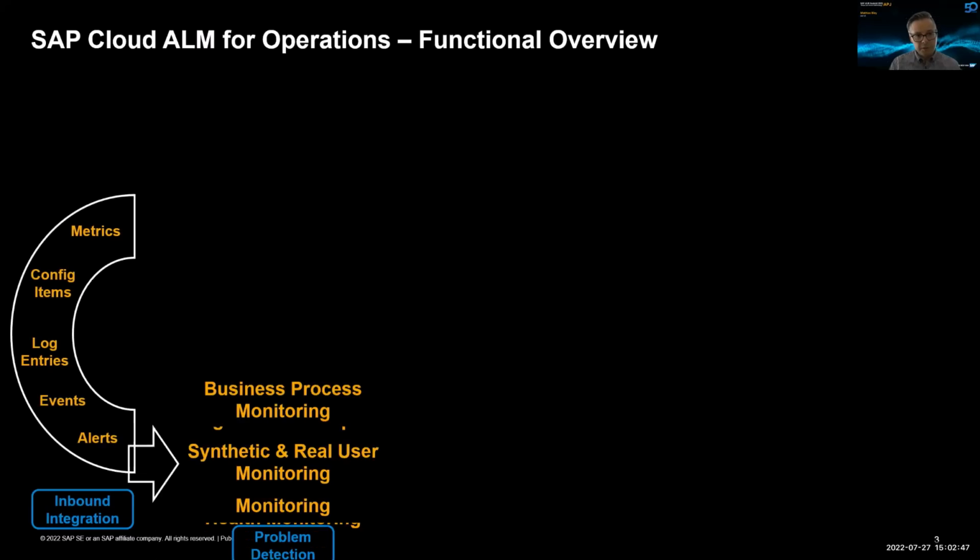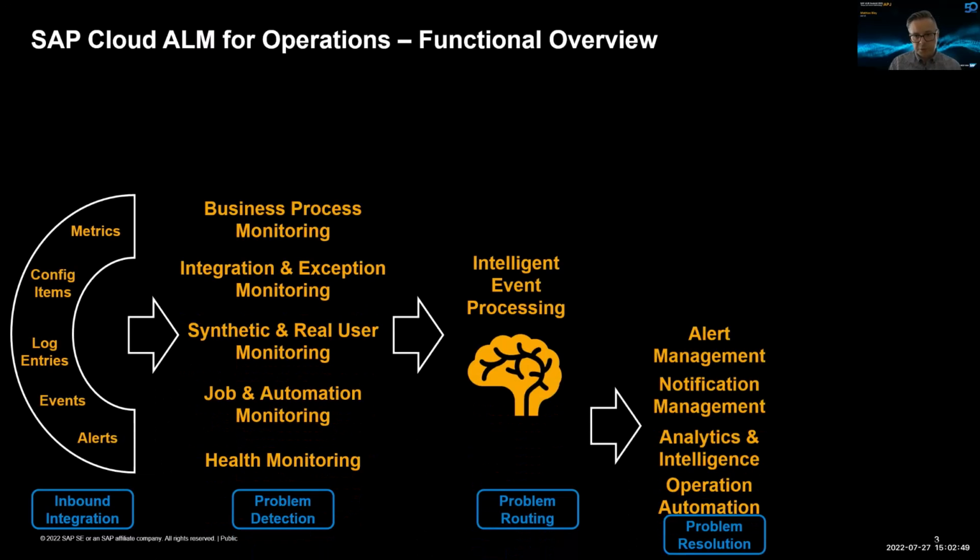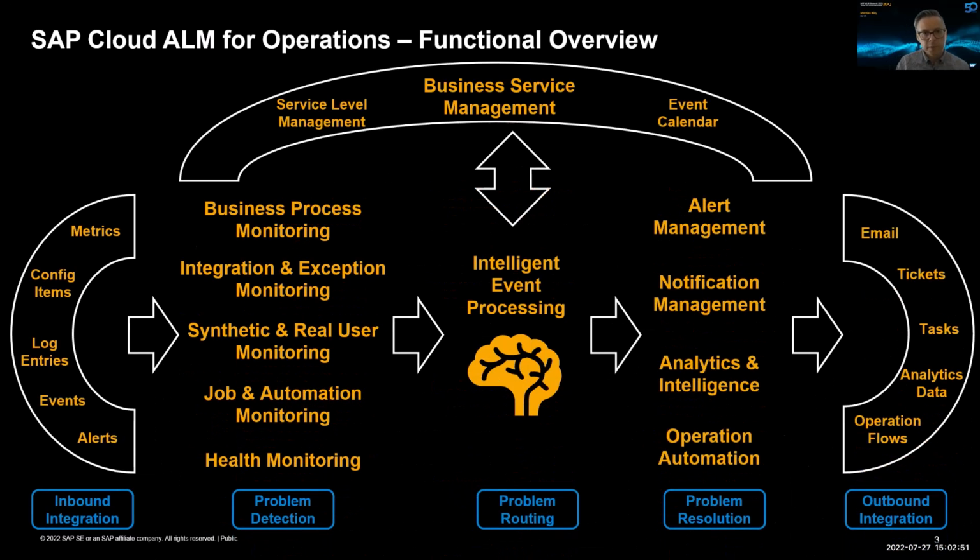This is the operation slide, which you should have seen yesterday in the keynote by Janko. So this explains a little bit what all we have in Cloud ALM. On one hand side, we have an inbound integration, so we want to monitor, and we can now inject some metrics.